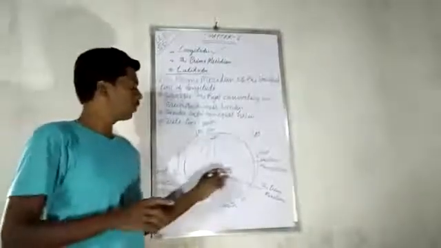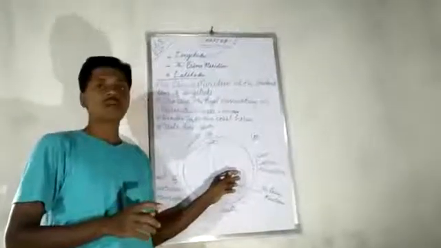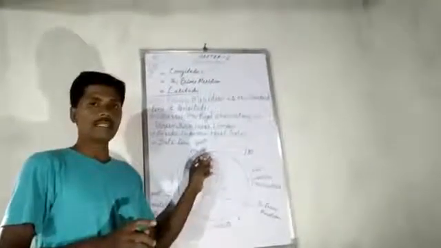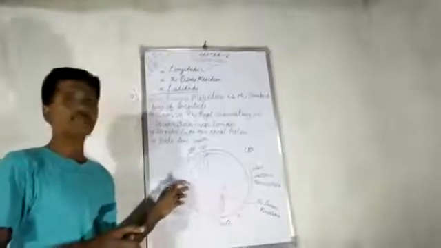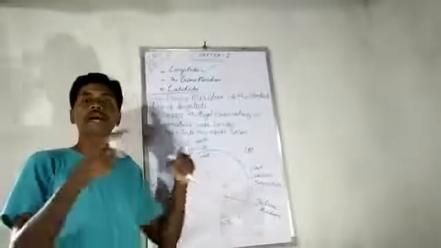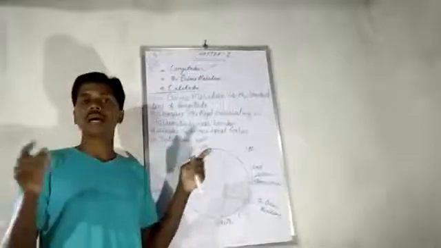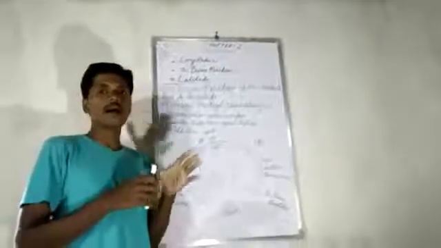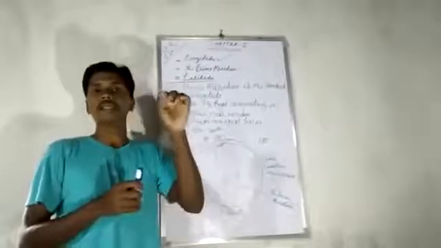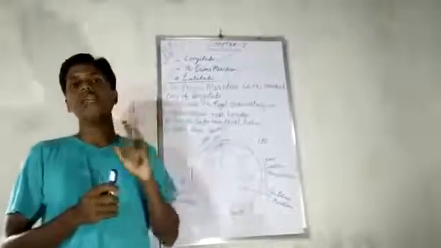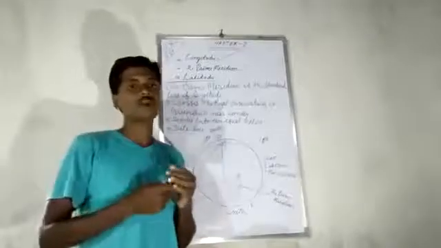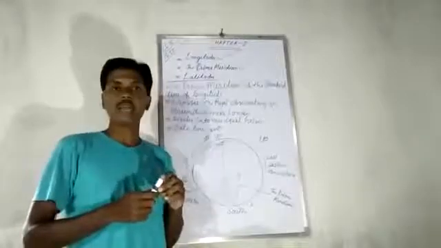When we move east side 180 degrees and west region 180 degrees, both are the same in length, both are the same in distance, and in between where they meet, there they form one single line. That line is called the international dateline.